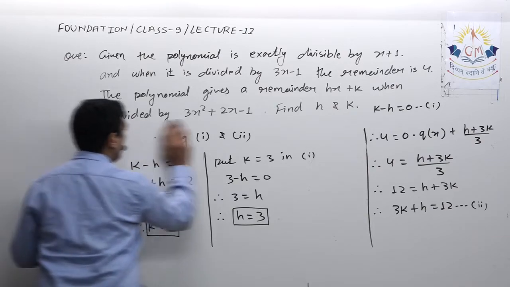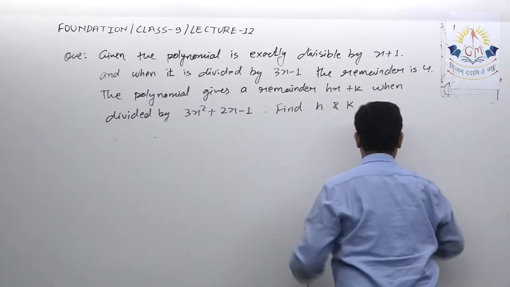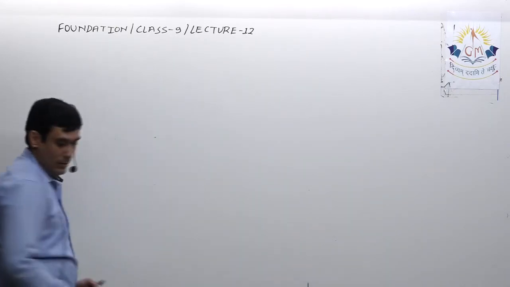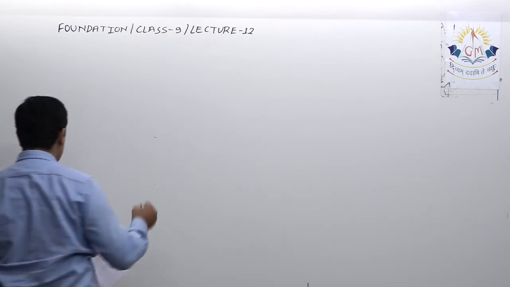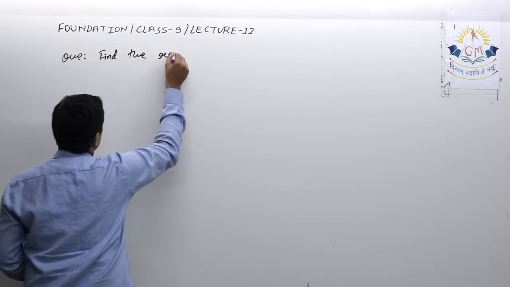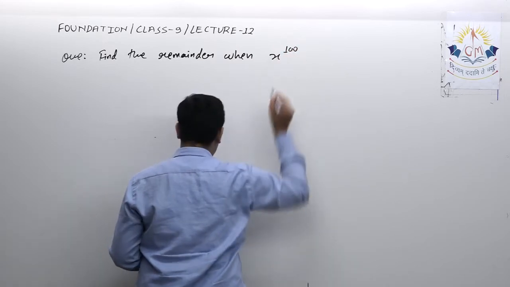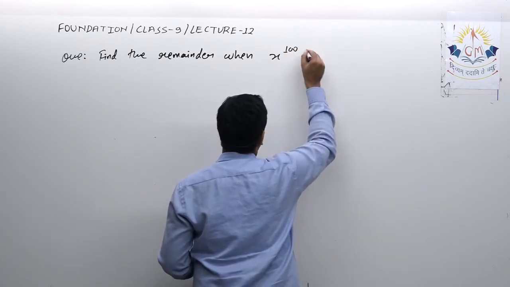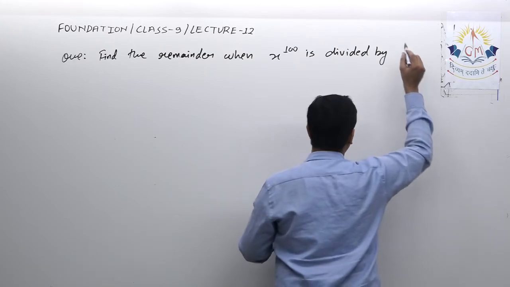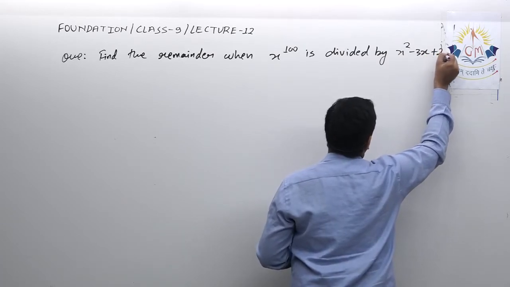Now let us see the next question. Okay, next question is: find the remainder when x raised to 100 is divided by x square minus 3x plus 2.